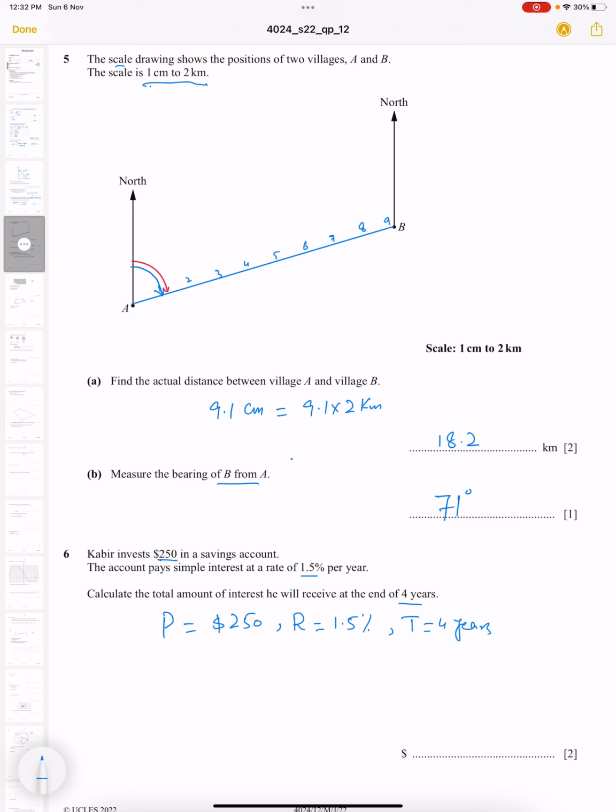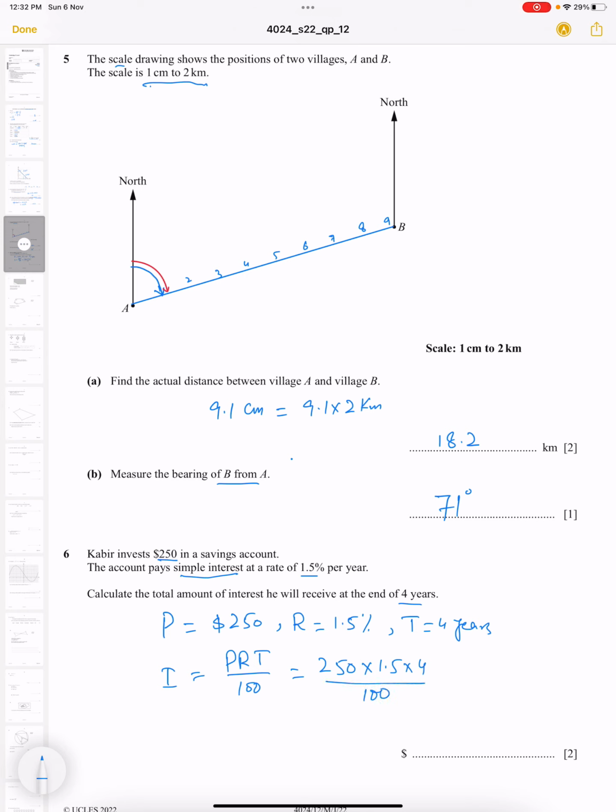So we can use the formula of simple interest, since it is mentioned here that it is simple interest. It is PRT over 100. So 250 multiplied by 1.5 multiplied by 4 over 100.